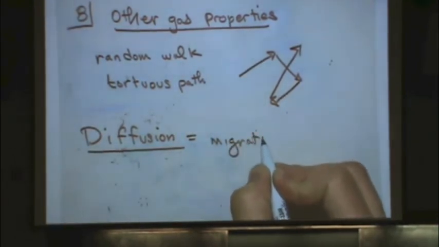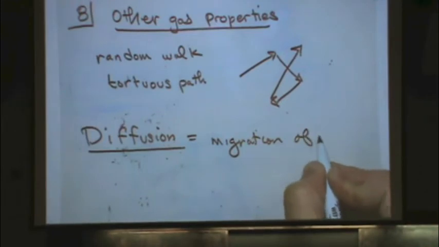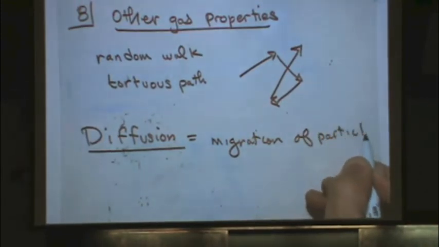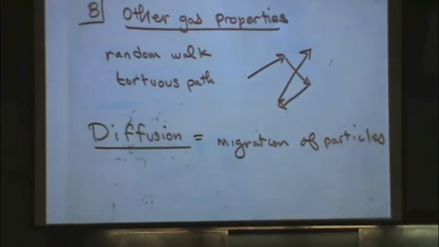Okay, so diffusion is a migration of particles. That's kind of what we were talking about with that example. I release ammonia and N2O here, a laughing gas, and it spreads, it diffuses through the random walk outwards. Okay? So that's called migration.